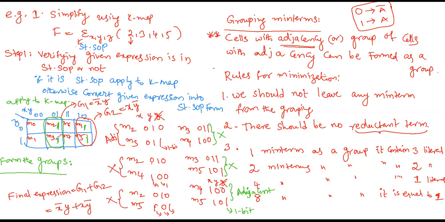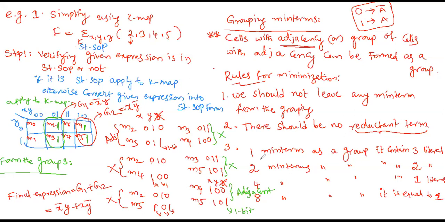See the rules: we should not leave any minterm out of the grouping. How many minterms are there in the K map? Only 4: M2, M3, M4, M5. All are present in the grouping, so the first point is satisfied. There should be no redundant term. We will discuss this one.